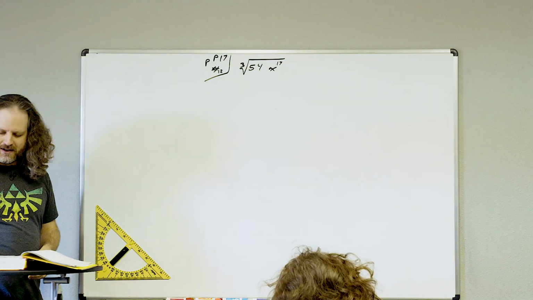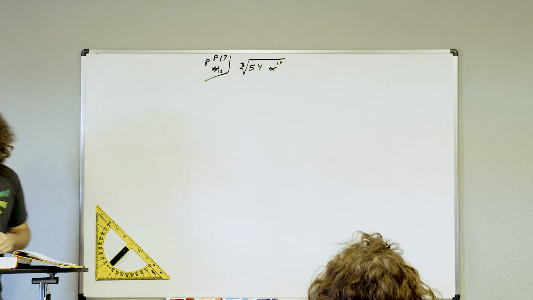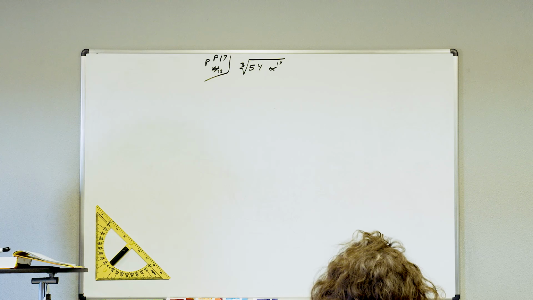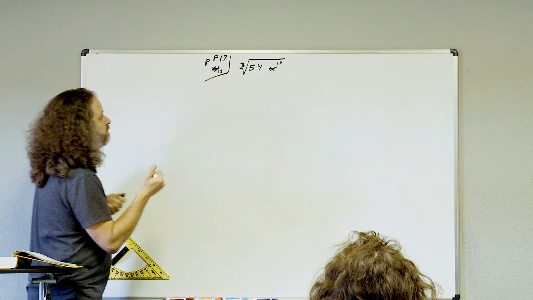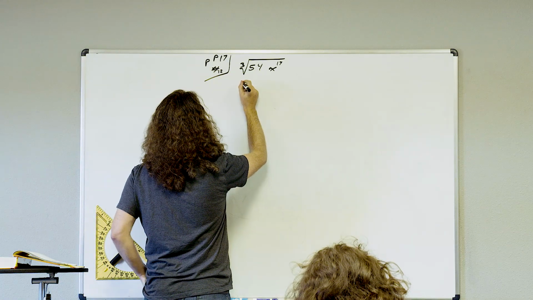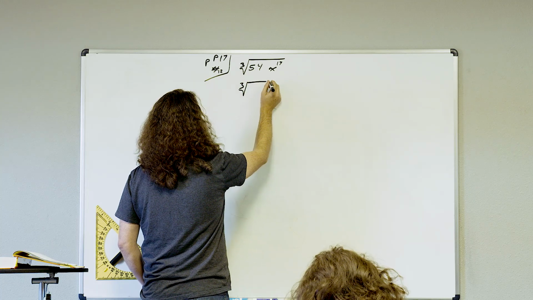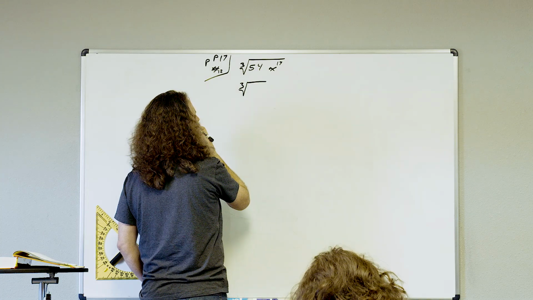We have essentially 2 tools in our tool belt to do that. So what might we do? Separate the 54 and the x to the 17th into 2 separate cube roots. Sure. That's a fine first step. We might want to start playing with those a little bit.